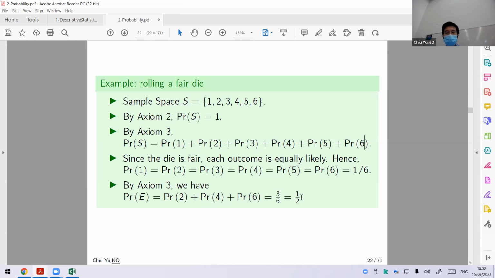So we can start from the axioms and just add the assumption that every outcome is equally likely, then we can derive everything. That is how we start with the axioms. We don't have to rely on the idea that we roll a die many times and see what happened. There's nothing about the real world.